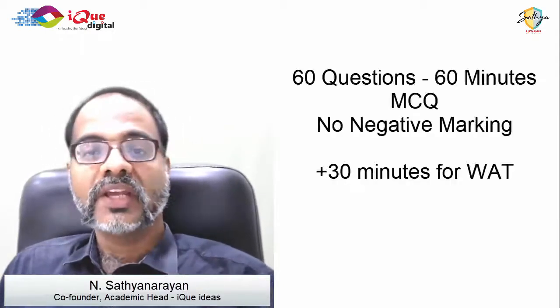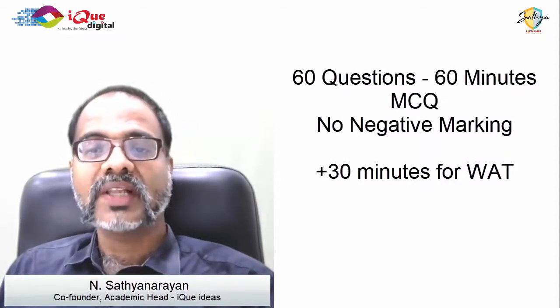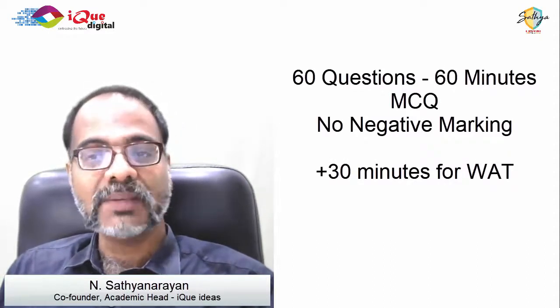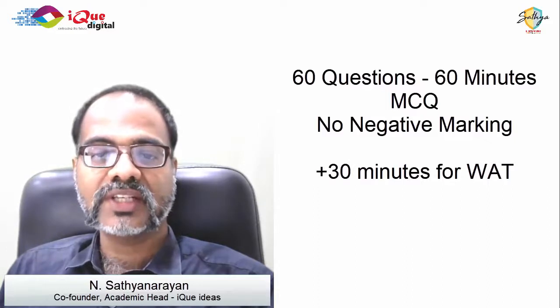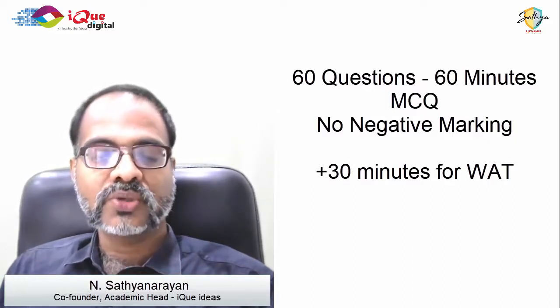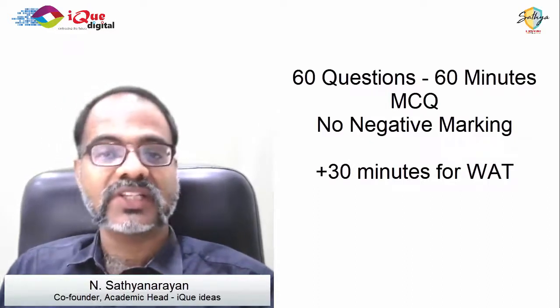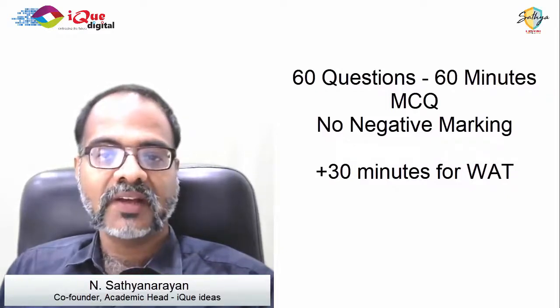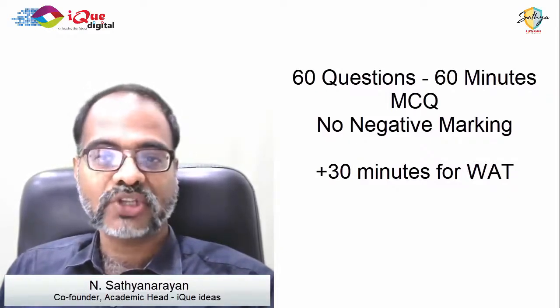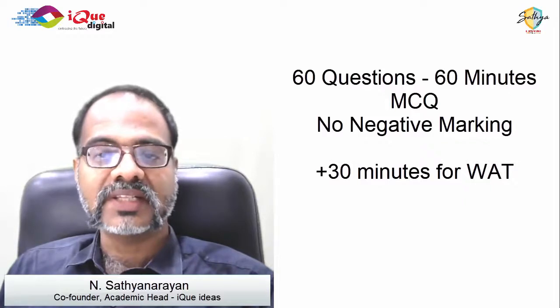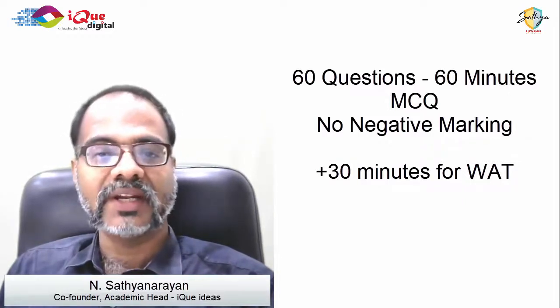Since 2020, because of the pandemic situation and the necessity to take safe measures for the safety of the aspirants, the SET has undergone a minor change. Instead of 150 marks, the SET General is now of 60 marks and the time duration is 60 minutes. So the entire test is of 90 minutes, where 60 minutes are for the multiple choice questions and 30 minutes are given for the writing ability test.